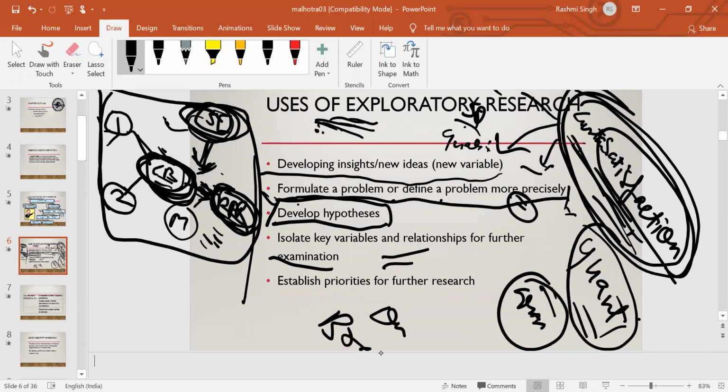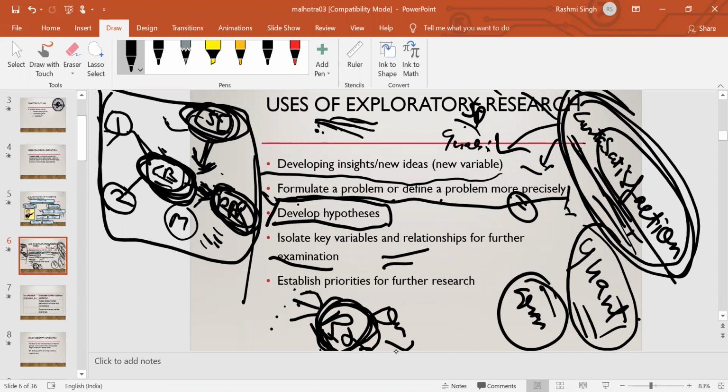These are the different variables, and for these variables you have to identify what other variables I'll take. You will get all this information from your exploratory research. Then you will identify the different variables, and what will be the antecedent and what will be the consequence of this particular variable. You will get all this information through exploratory research.